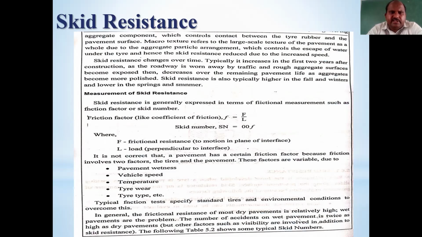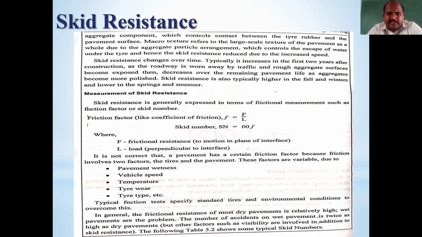The measurement of skid resistance. Skid resistance is generally expressed in terms of frictional measurement, such as friction factor or skid number. Friction factor, like coefficient of friction, f equals F by L. Skid resistance number SN equals 100 F by L, where F is the frictional resistance to motion in the plane of interface, and L is the load perpendicular to the interface.